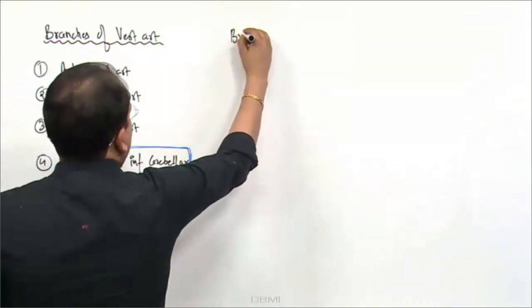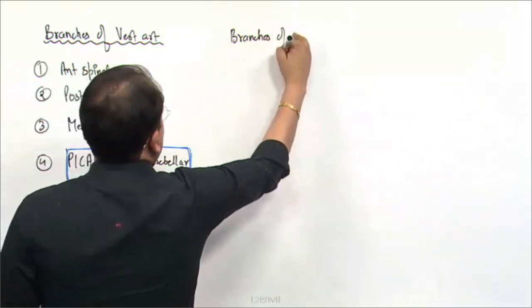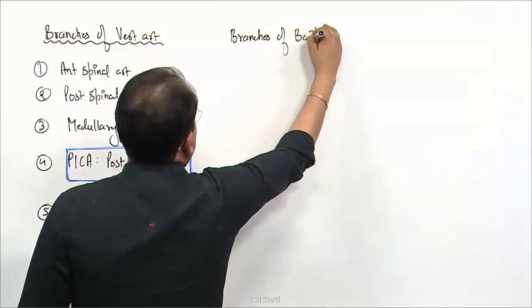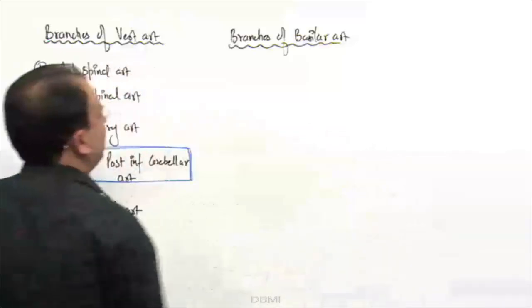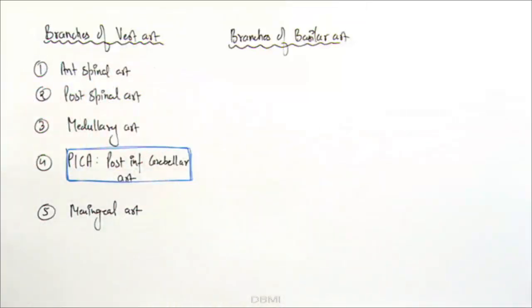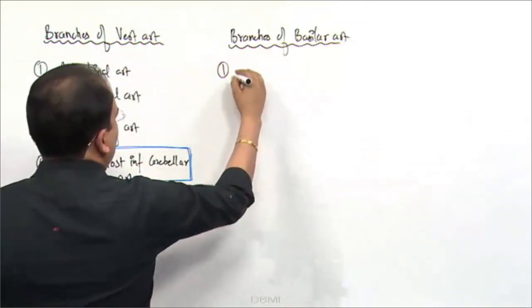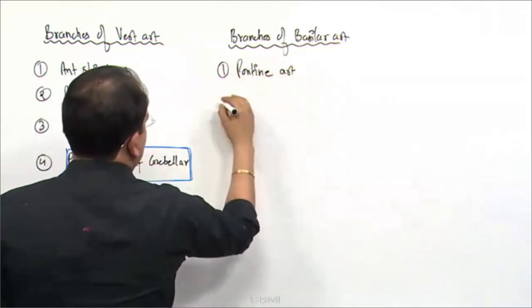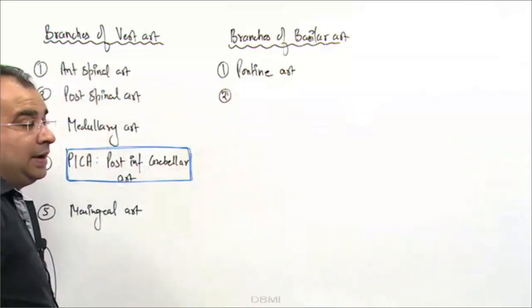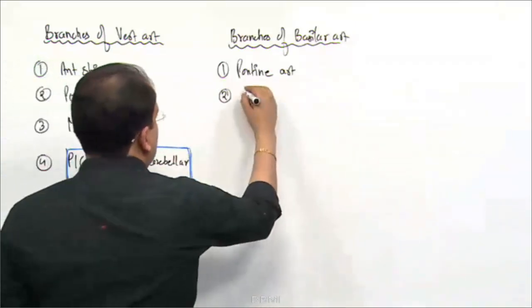Whereas the basilar artery is running on the pons, so it will give off pontine branches. It divides into two terminal branches, the posterior cerebral arteries.